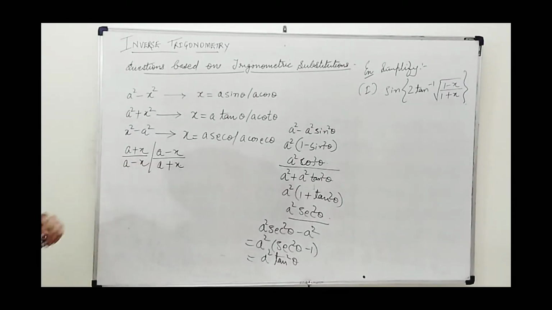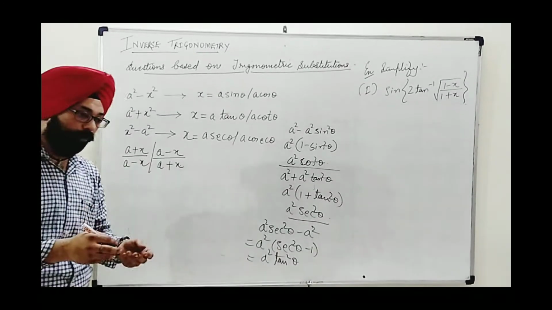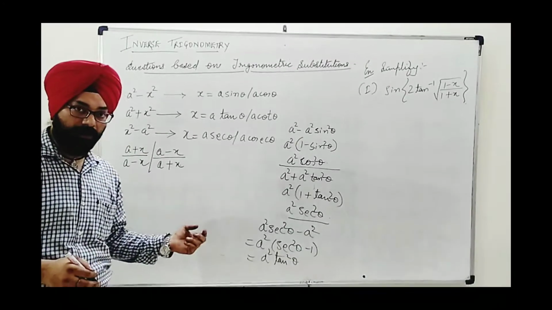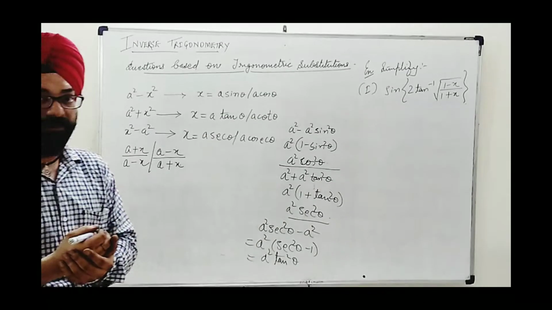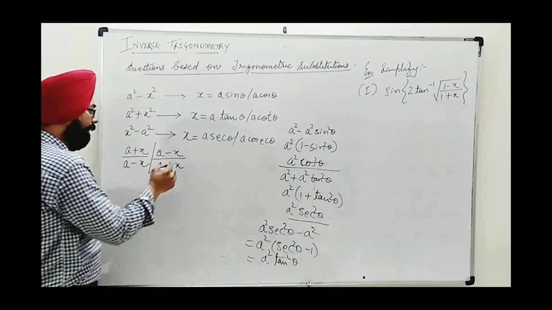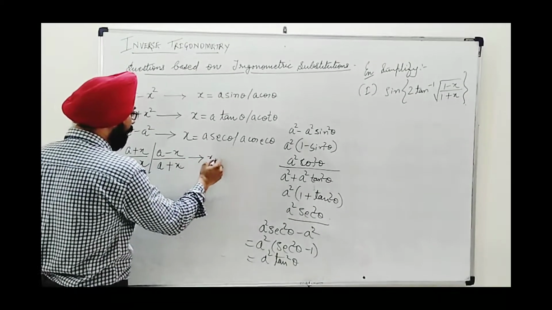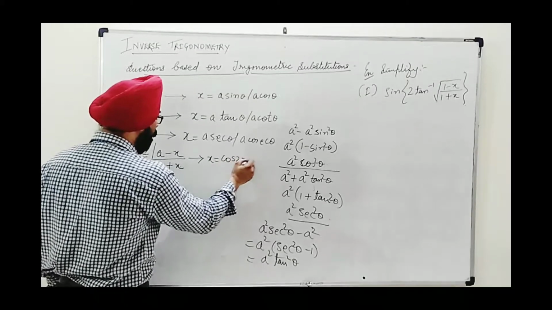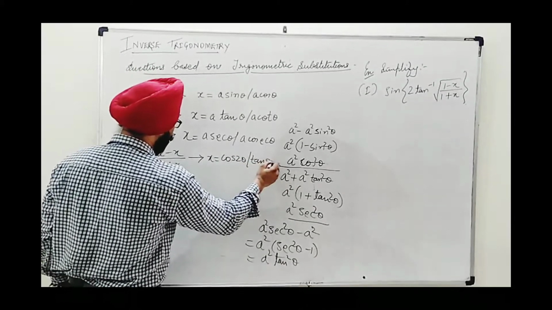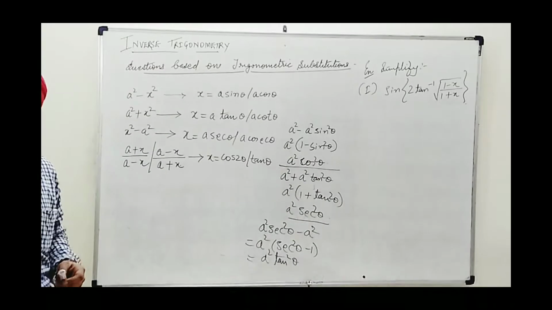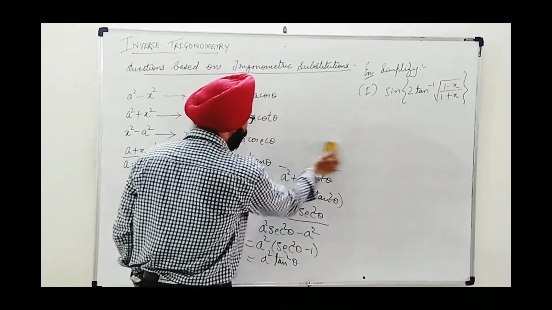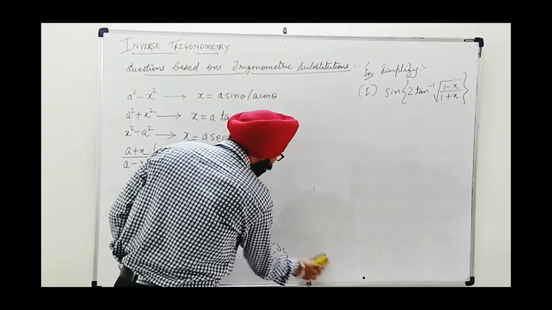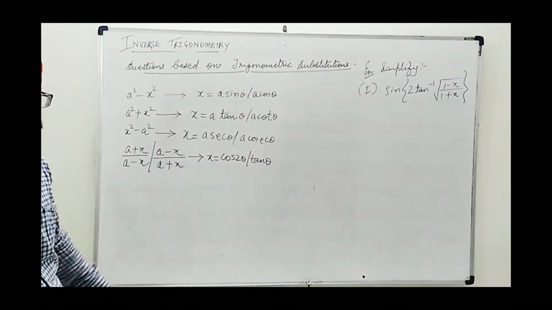Whenever you see a pattern with a plus x and a minus x both, not only in rational form but whenever a plus x and a minus x are given in addition and subtraction also, in that case we should replace x by a cos 2 theta or only tan theta. So I will explain what happens when we substitute x by these two. These are not the use of Pythagorean identities.